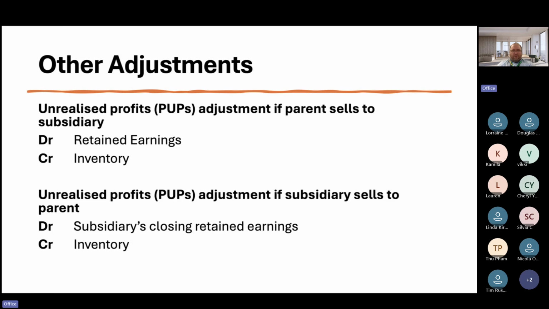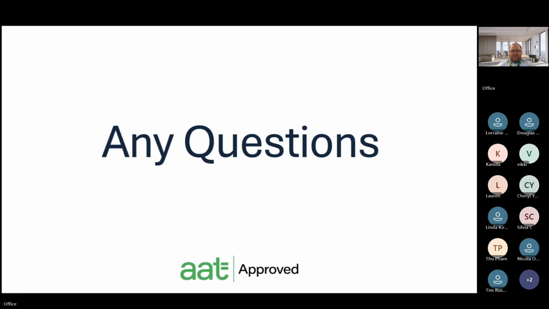Okay, so that is it. I'm going to open it up for some questions if anyone's got any. I realise that's quite a whistle-stop tour through the fundamentals of consolidated financial statements.